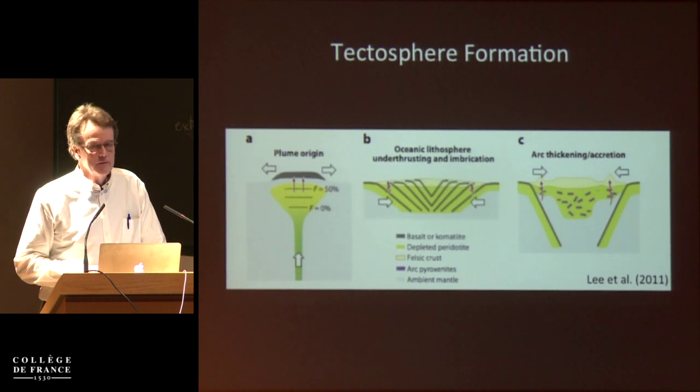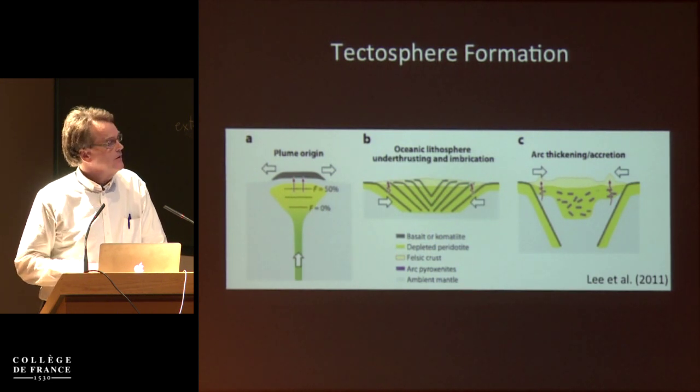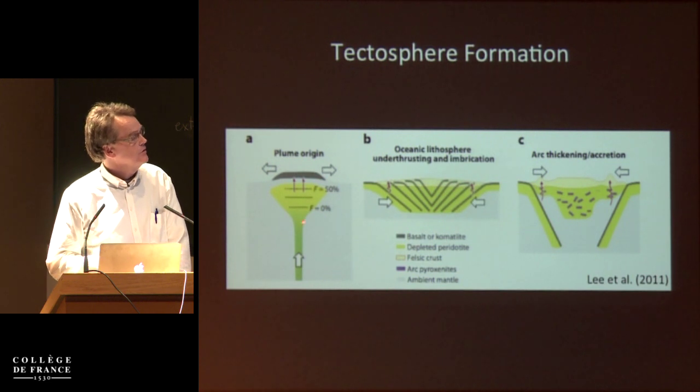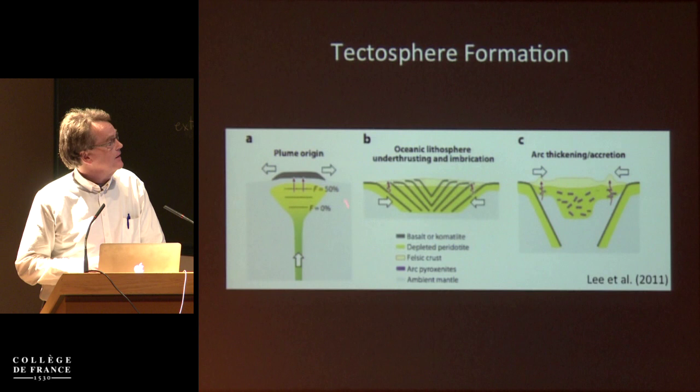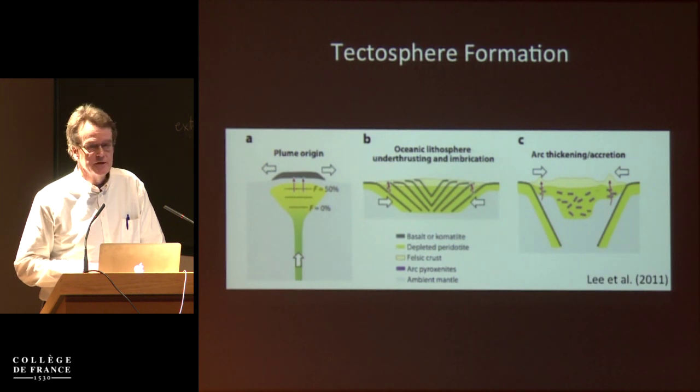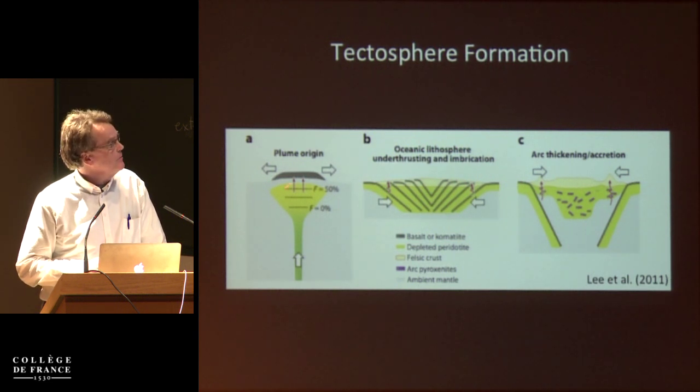We've also seen this picture time and time again, and I don't need to spend a lot of time on it, but there are lots of ideas here, and these are three of them summarized by Cin-Ty Lee on how you generate the material that makes up the continental lithosphere. Of course, we have the plume origin here, where you have very high degrees of partial melting, leaving residues that are melt depleted and buoyant.